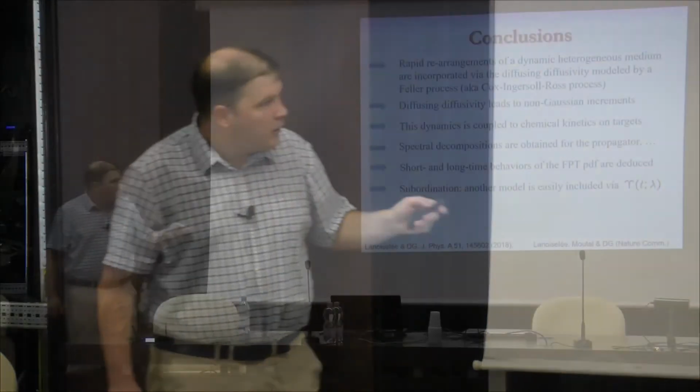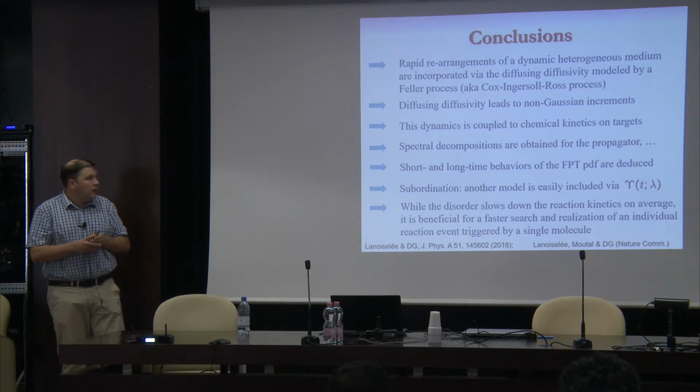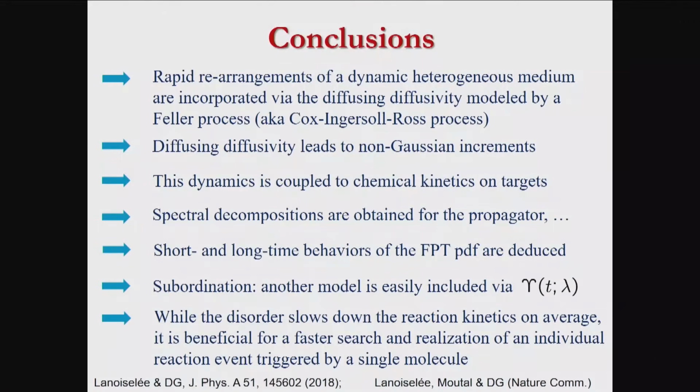Maybe the last conclusion, which is more practical, is that, as I said, the disorder on average slows down the dynamics. The mean first passage time can be slowed down by a factor which is not just close to 1, but can be 10 or even more. On the other hand, the fact that the left tail is increased means that the disorder can be beneficial for a faster search and realization of an individual reaction event by a single molecule.